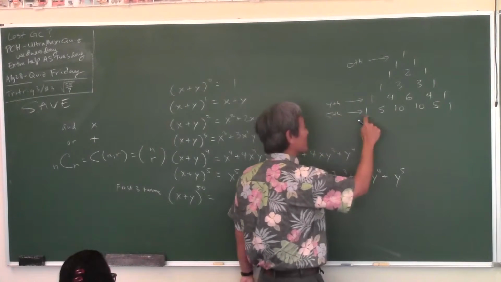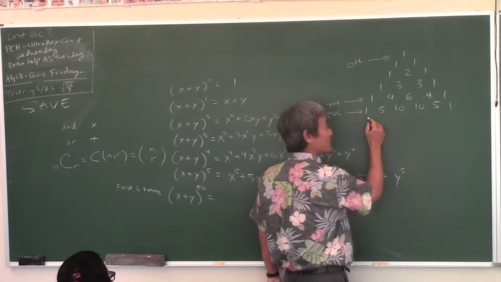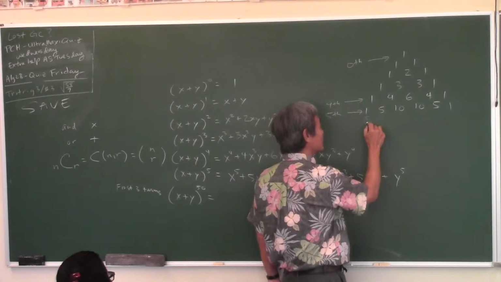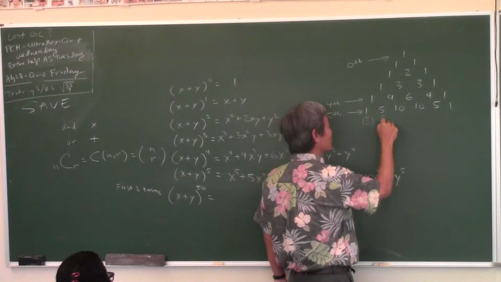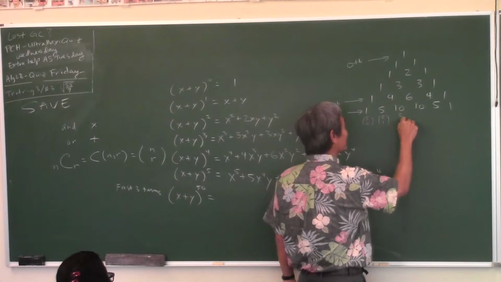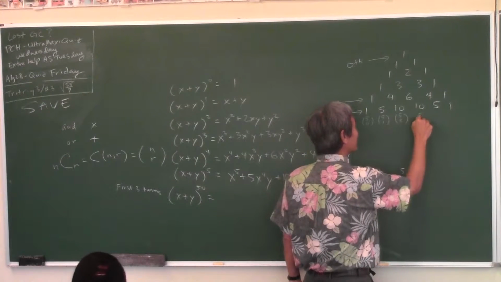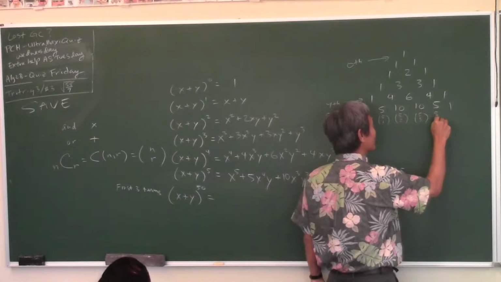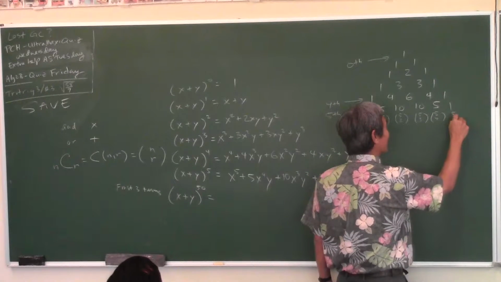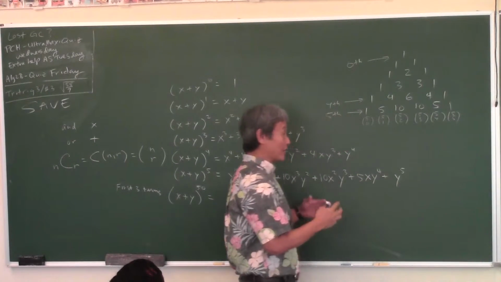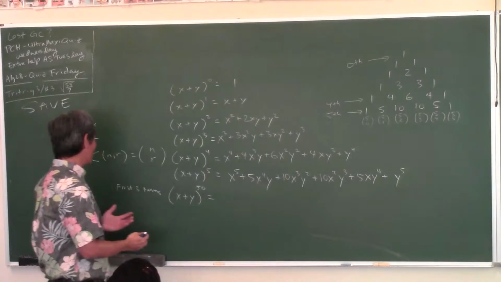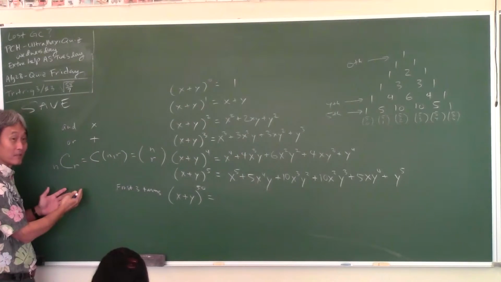In the 5th row, you know what these numbers are? These numbers are 5 choose 0, 5 choose 1, 5 choose 2, 5 choose 3, 5 choose 4, and 5 choose 5.